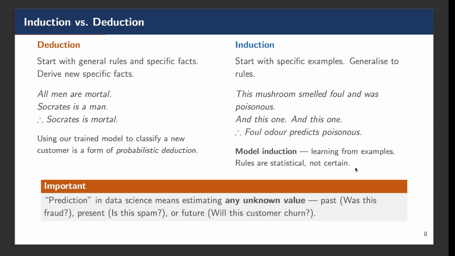For example, if this mushroom has a foul smell, then we consider it as poisonous. And then if we find another mushroom that is also foul smelling, then we categorize it also as poisonous. And then from here we induce the rule that foul odor predicts poisonous.